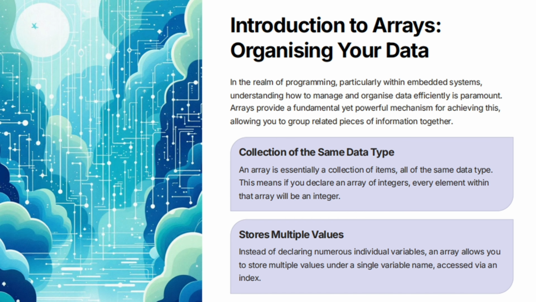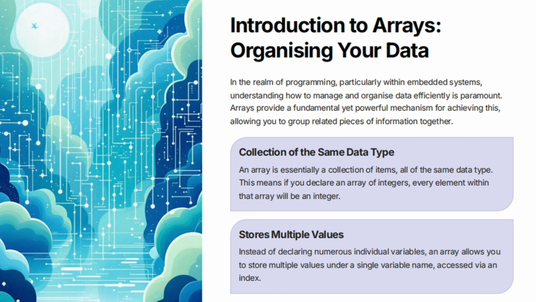Collections of the same data type. An array is fundamentally a collection of items that must all share the same data type. For example, if you create an integer array, every single element inside it will be an integer.